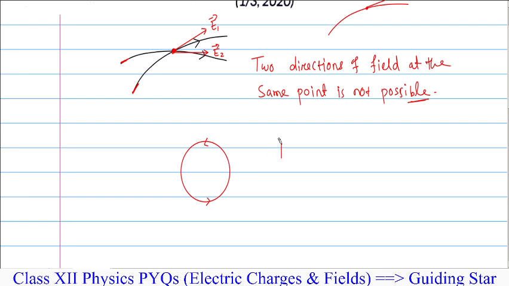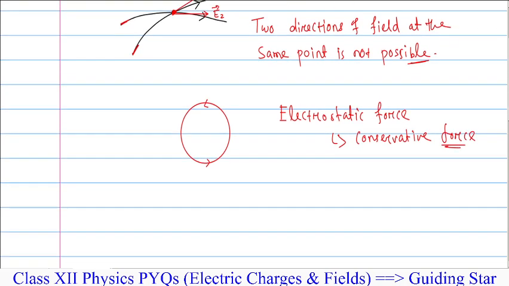We know the electric field results in electrostatic force. This electrostatic force is a kind of conservative force. And we know that there is one property of this conservative force.